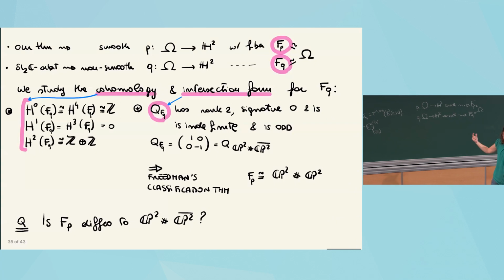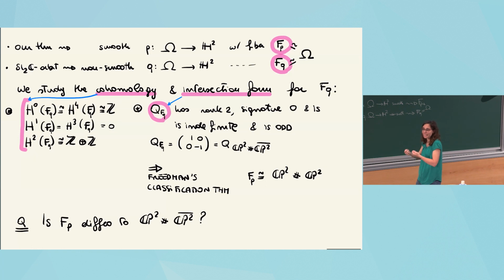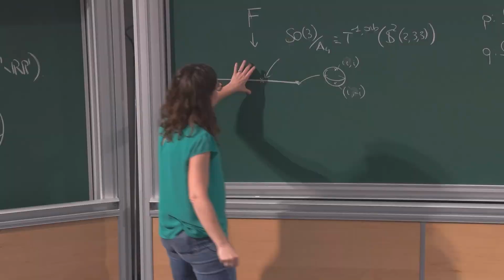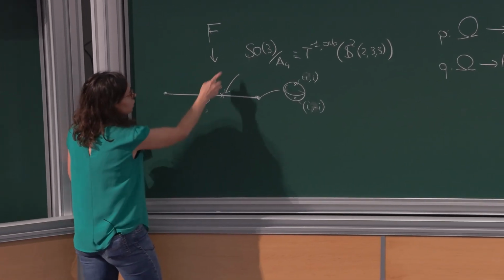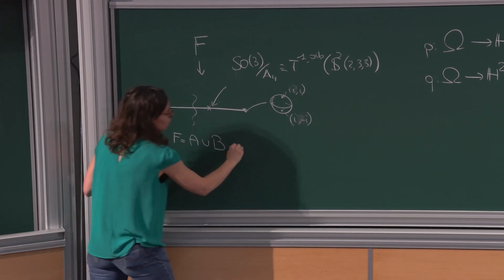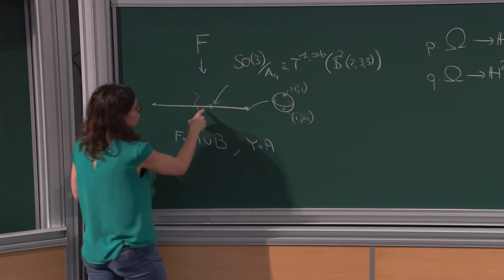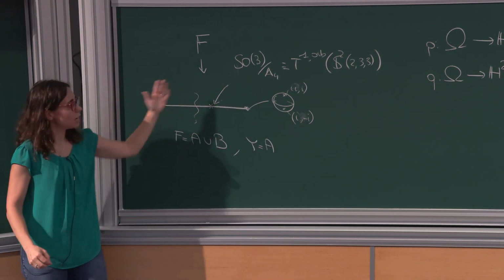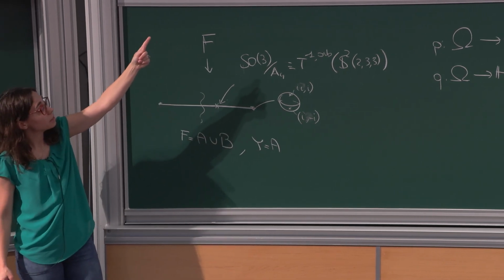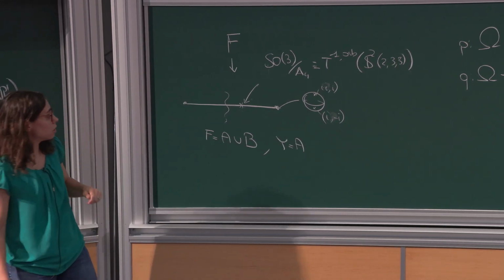And so, okay, maybe this might not mean much to you, but you can really calculate the homology. How you do it is that you can write this F as A union B, and you can look at what is the intersection between A and B. So this fiber has a nice involution, which is what tells us that the intersection form has signature 0 and is indefinite.